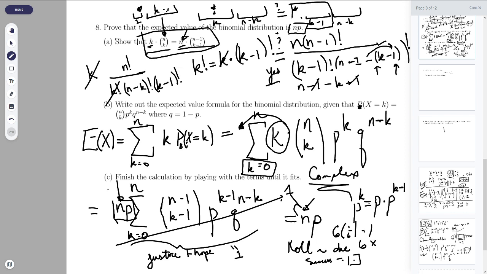Now, of course, what that's saying is that we expect a single 1 on 6 trials, which totally makes sense. We're rolling a die 6 times. We want a 1 to pop out, and it does. So there we go. Okay, so we've just proven a fun fact about the binomial distribution.